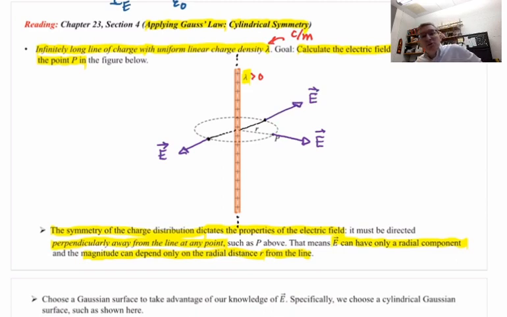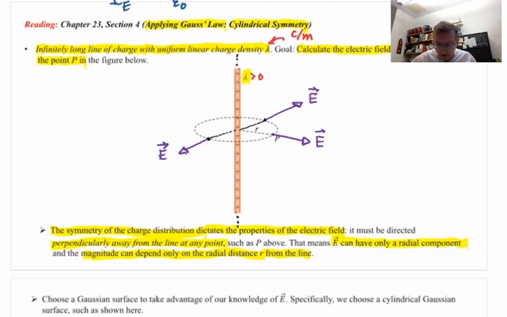So we're going to use that knowledge of how the electric field must point and what its magnitude depends on to help us choose a Gaussian surface that's going to then help us get a very simple form for the electric flux through that Gaussian surface.